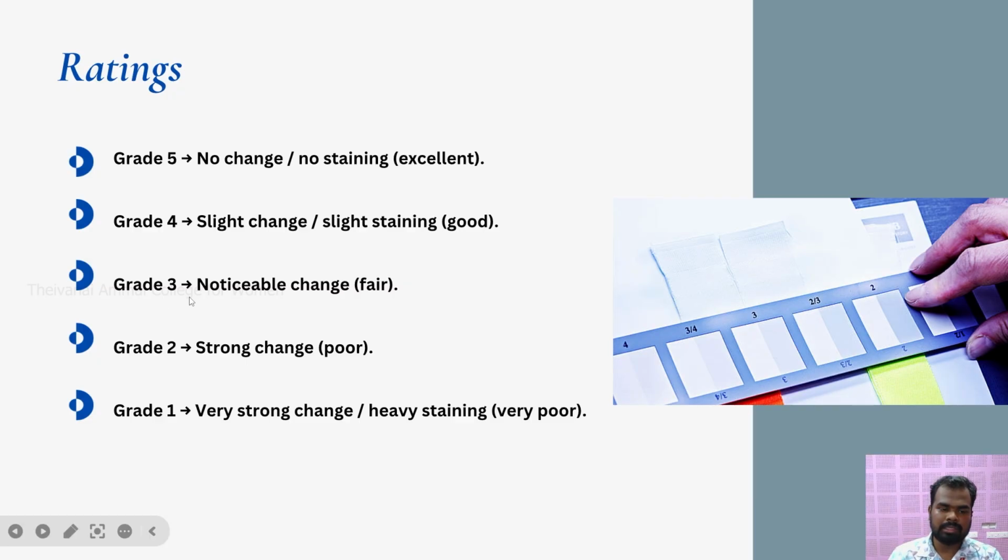Grade 3 is noticeable, giving some noticeable color change in the multifiber. Grade 2 is a strong color change, visible, with a much greater amount of dye. And grade 1 is a very strong and heavy stain, where a large amount of dye transfers from the dyed fabric to the multifiber fabrics. The ratings are described as excellent, good, fair, poor and very poor.